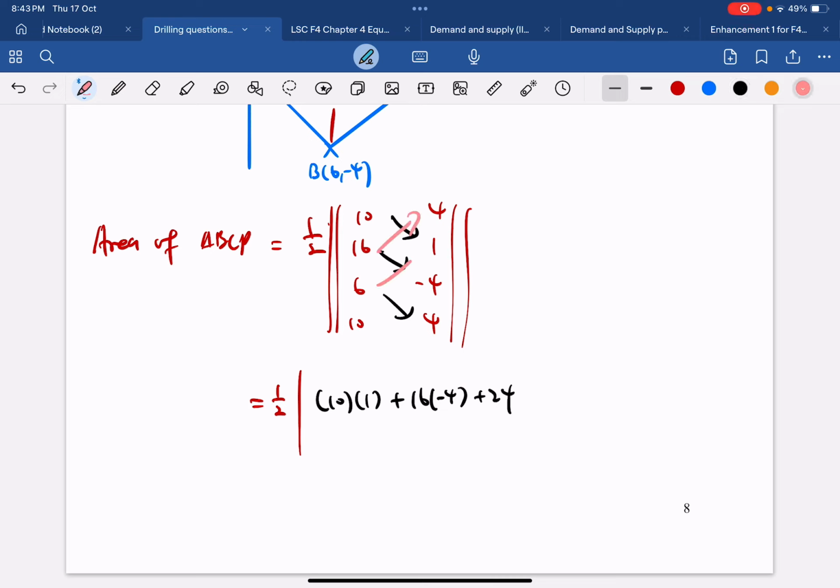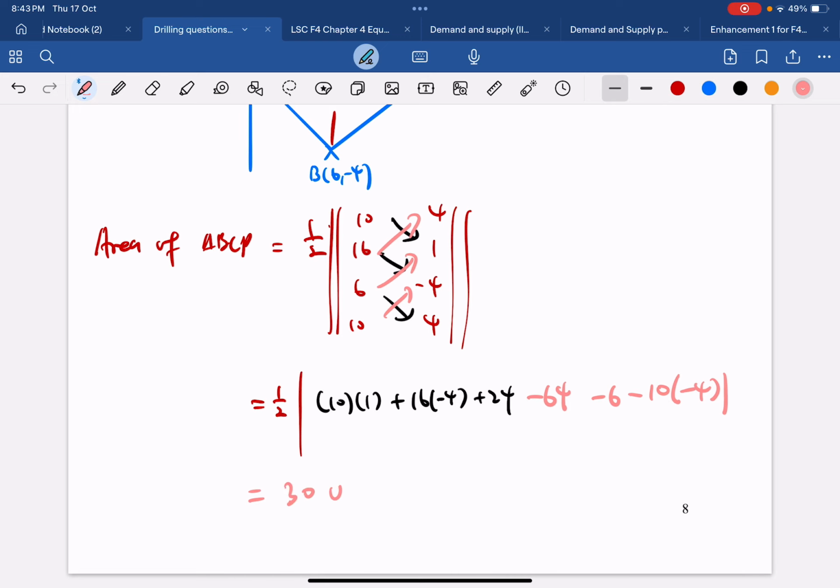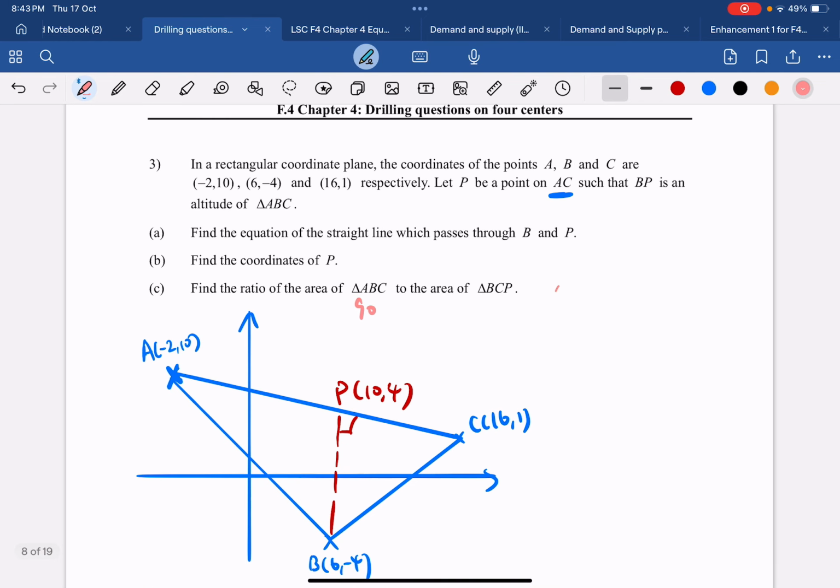And then diagonal up is minus. So minus 64, minus 6, and then minus 10 times negative 4. So this one should be 30 square units. So you know the ratio would be 90 to 30, which is 3 to 1.